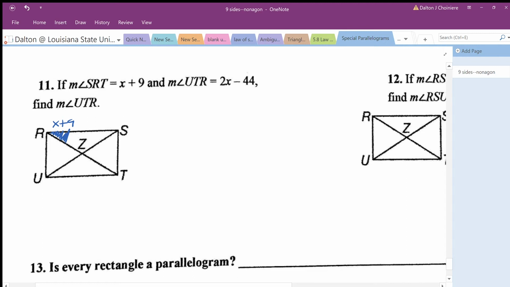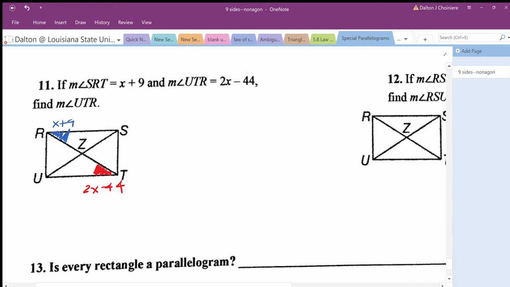The other angle is the measure of angle UTR. If I connect the dots, U to T to R is this small angle here. It says that is 2x minus 44. The question is, what is the measure of angle UTR?